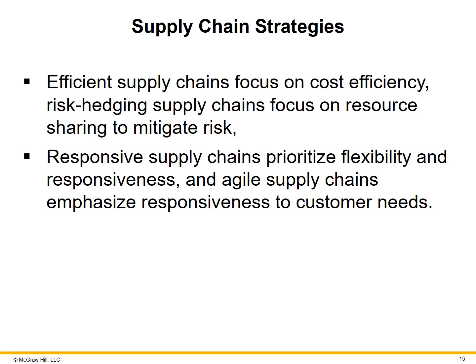So efficient means there will not be much change, so it has to be stable, efficient and reliable. And responsive means it has to be agile and respond to the ever-changing customer needs or environment of supply chains.